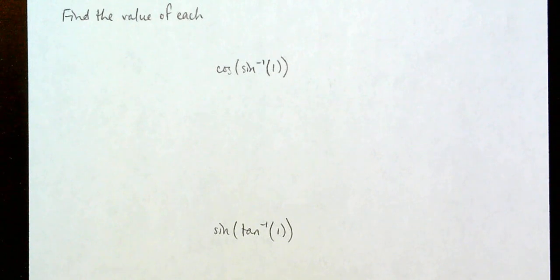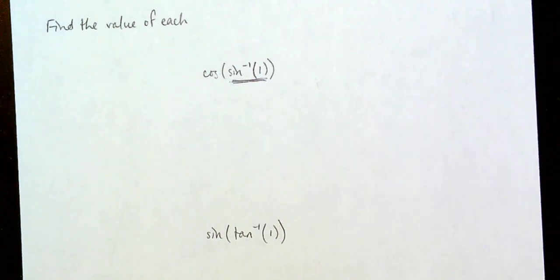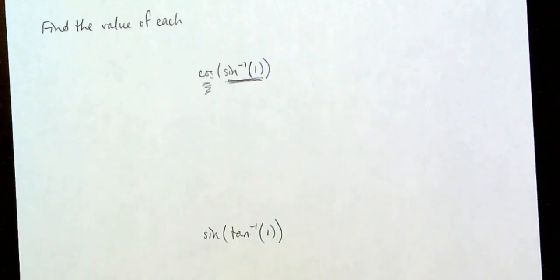If you see a problem like this, where you're finding a trig function evaluated at the inverse trig function evaluated at something, isolate the inside and deal with the inside first. And to deal with the inside, you're going to do exactly what we just did in our three previous problems. Once you've found the inside, you're going to take that value that you get, and then you're going to plug it into your outside trig function there.